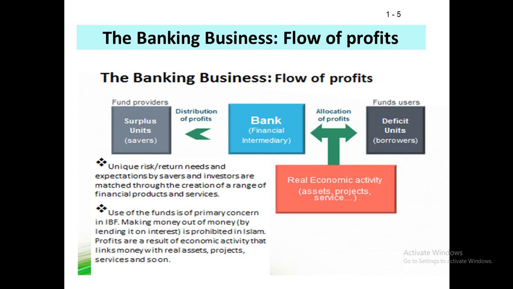Then banks provide this profit to the surplus units, the savers, who are fund providers. Unique risk and return needs and expectations of savers and investors are matched through the creation of a range of financial products and services. Use of the funds is of primary concern in Islamic banking and finance. Making money out of money by lending it on interest is prohibited in Islam. Profits are a result of economic activities that link money with real assets, projects, services and so on.